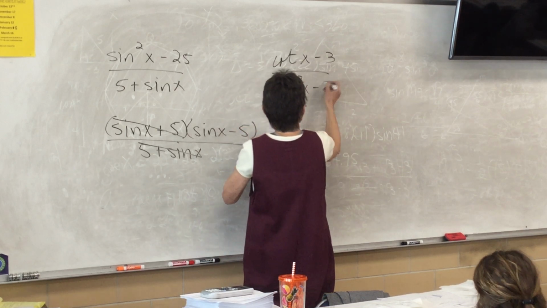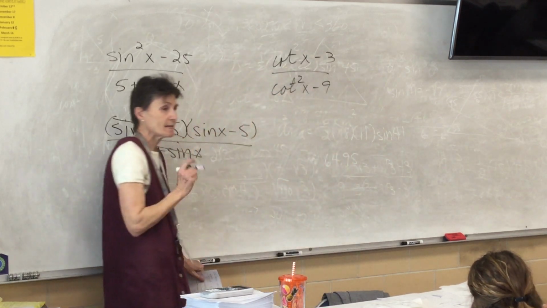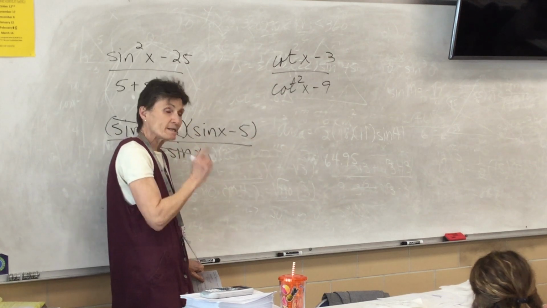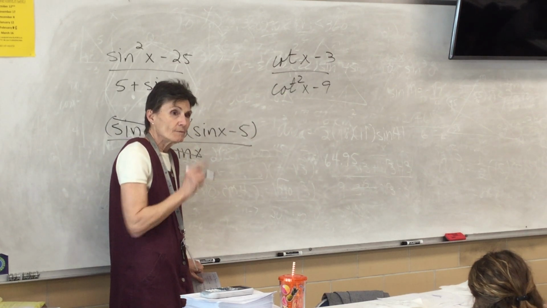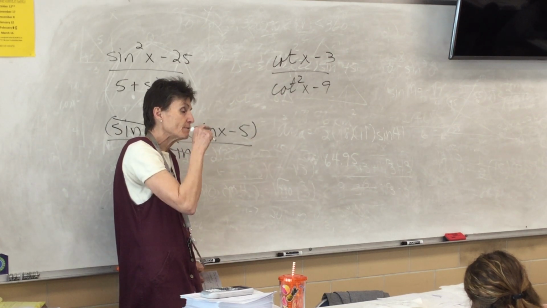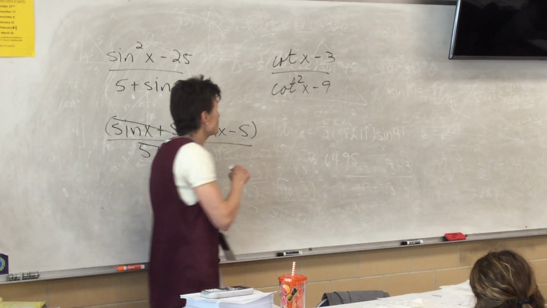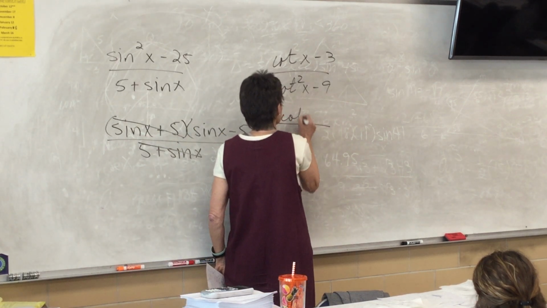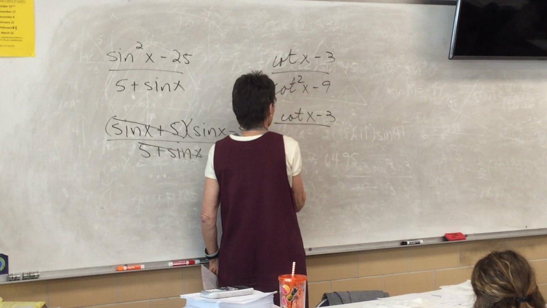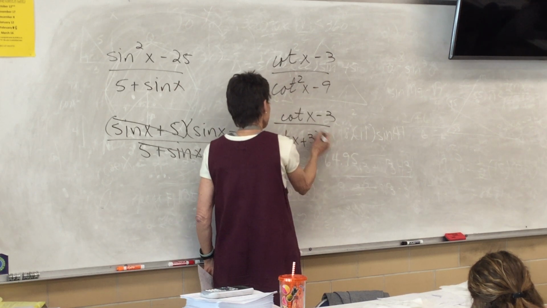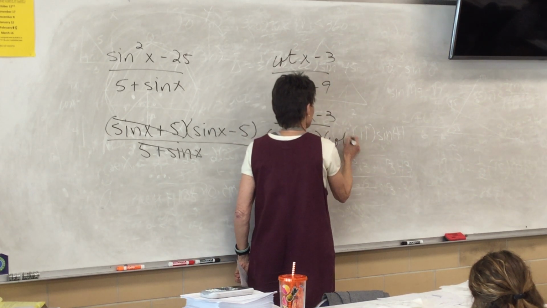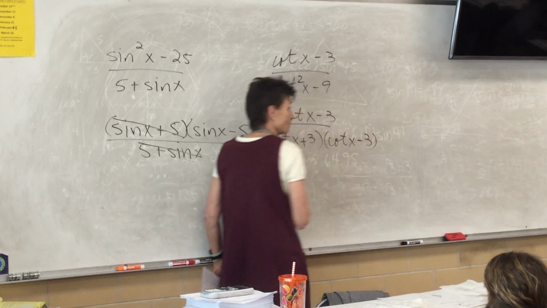Nothing cancels. Do not cancel at this point. What do you notice though? The difference of squares in the denominator? So how does that factor in the denominator? Cotangent plus 3, cotangent minus 3.